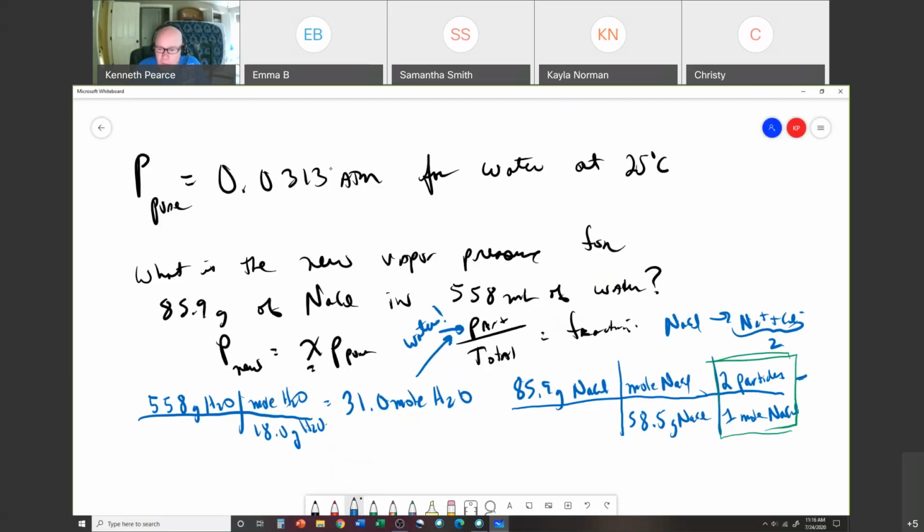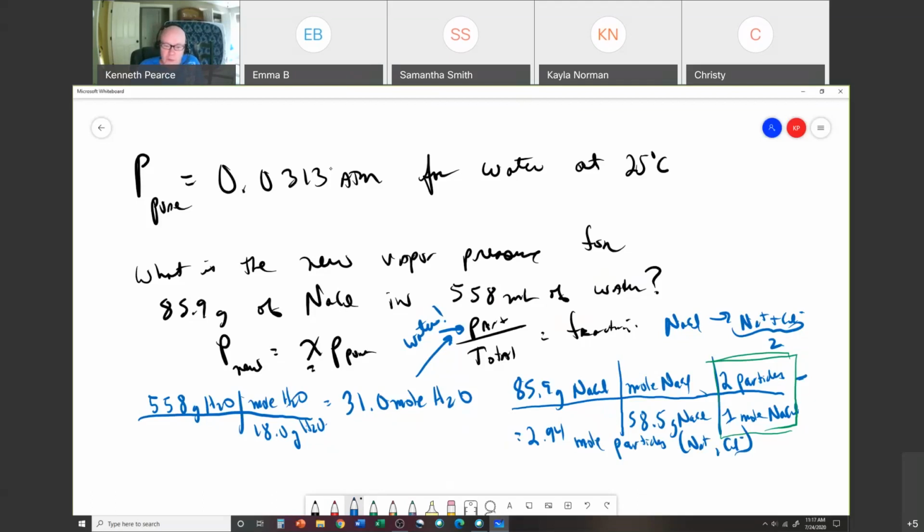And so if we do that, we're not going to get very many. We're going to get about almost 2 moles. And so we got 85.9, times 2, divided by 58.5, and that is 2.94 mole particles, the sodium plus and the Cl minus.